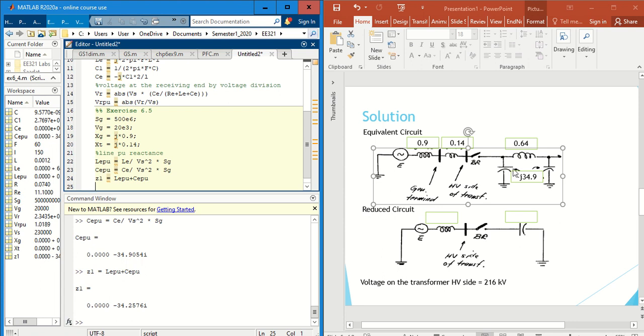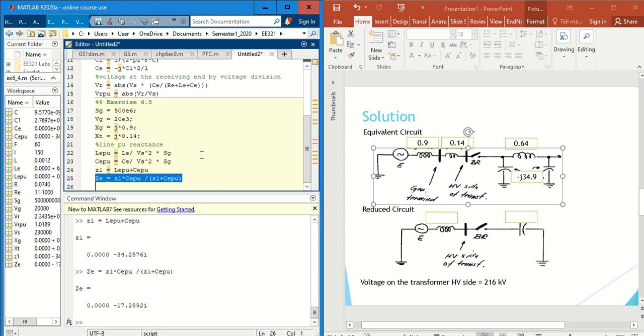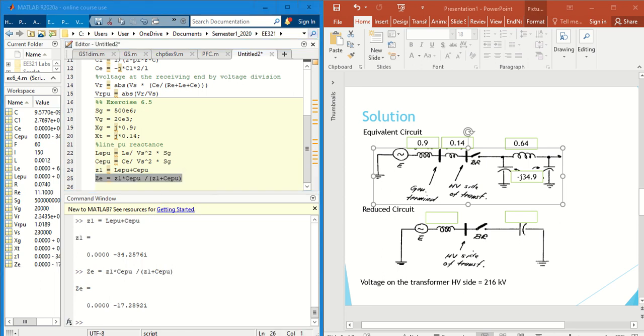Now we have to put this in parallel to this. So we're going to say ZE is equal to Z1 multiplied by CE per unit, divided by the total Z1 plus CE per unit. This is a shortcut method to add in parallel. Let's see what we get. We are getting minus j 17.3.